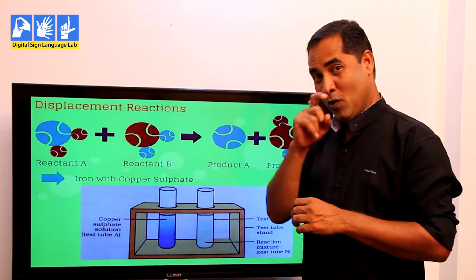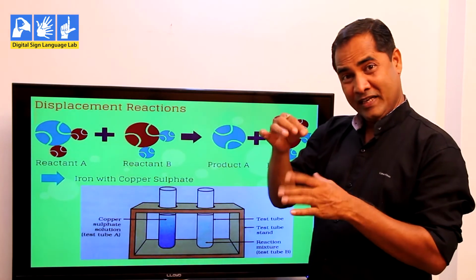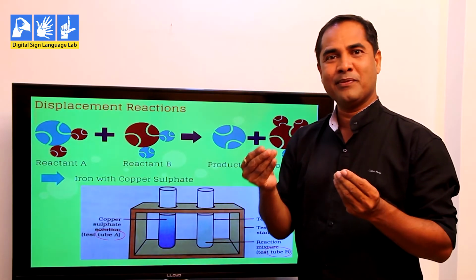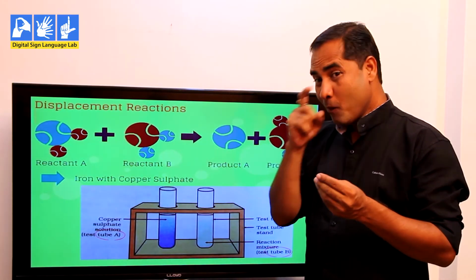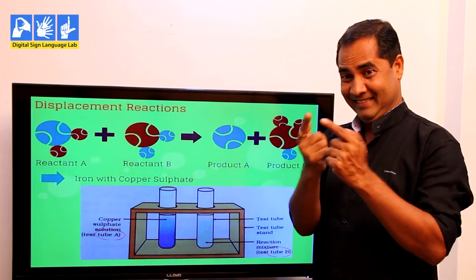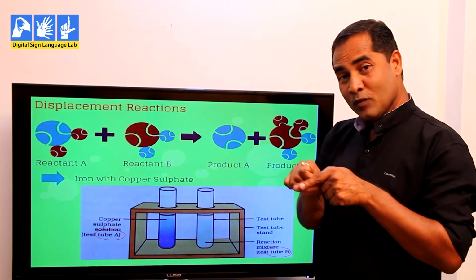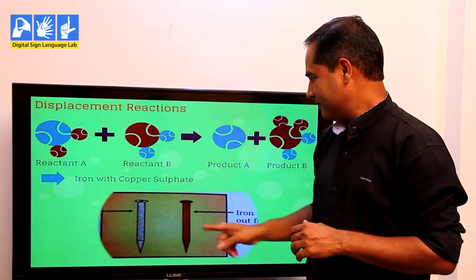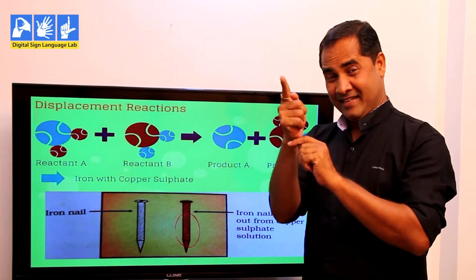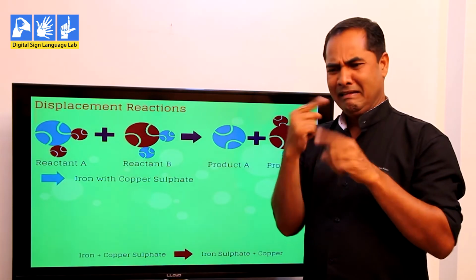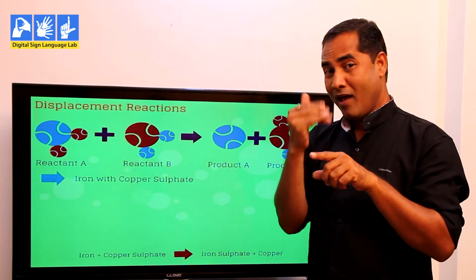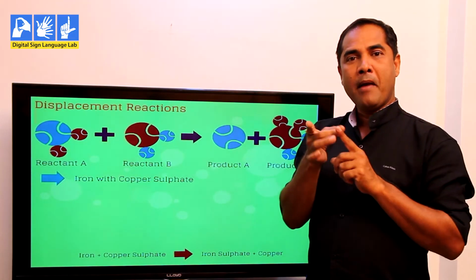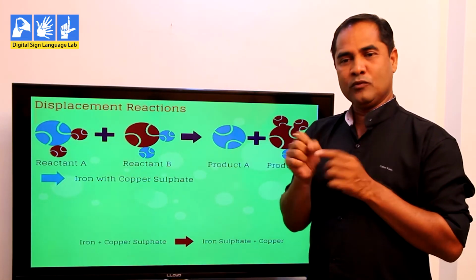You would notice that the blue color of the copper sulfate solution becomes transparent, because of the displacement reaction. And the iron nail also changes color because of the displacement reaction.